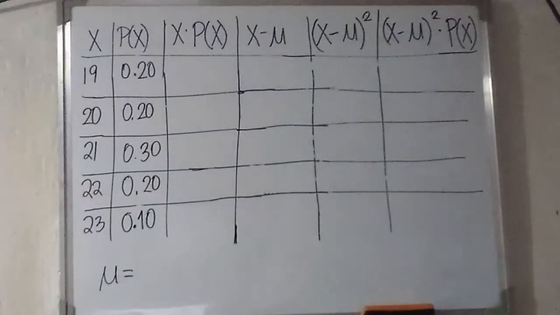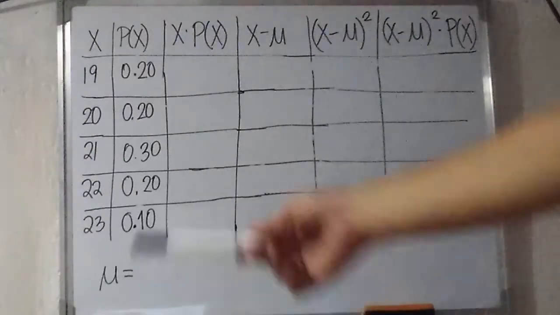So let us now find the variance and standard deviation of this probability distribution.